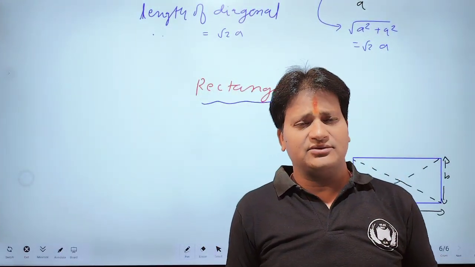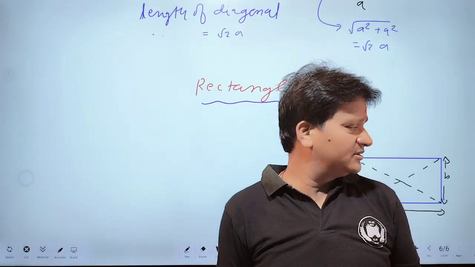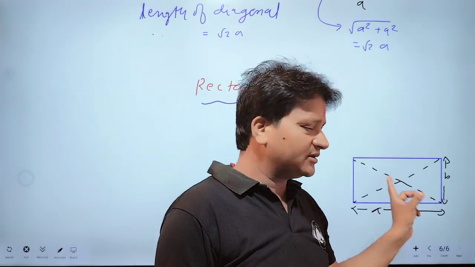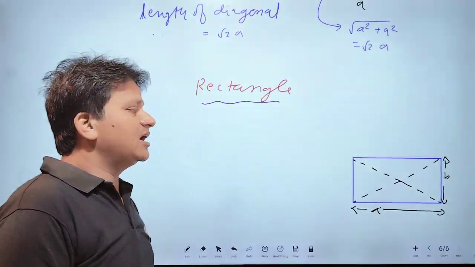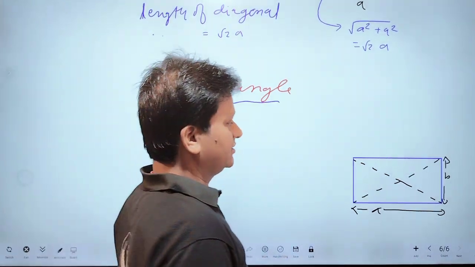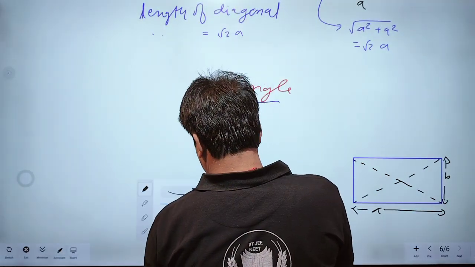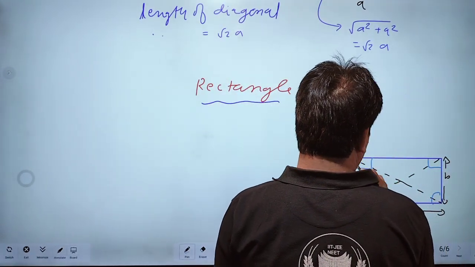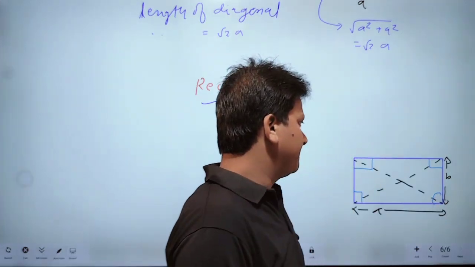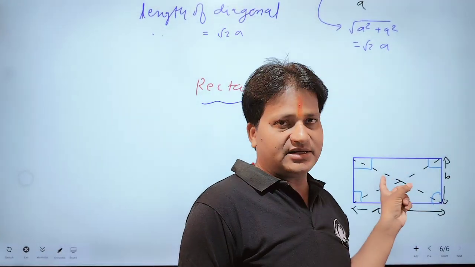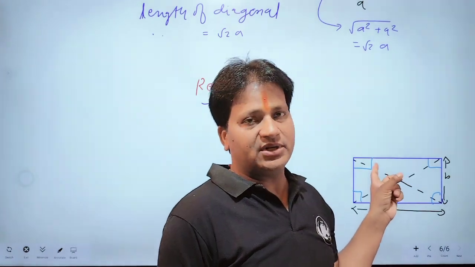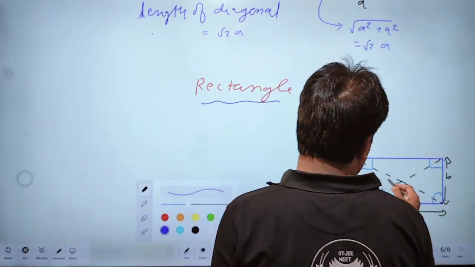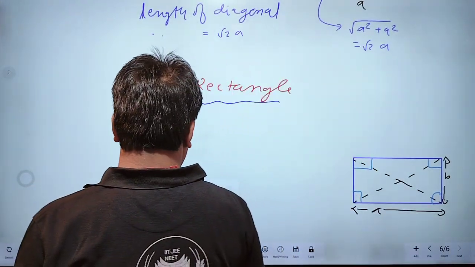Here diagonals only bisect each other in two equal parts, but they are not perpendicular to each other. Here, each angle is 90 degree, just like a square. But in a square, diagonals intersect perpendicularly. Here, this angle is smaller and this angle is greater.